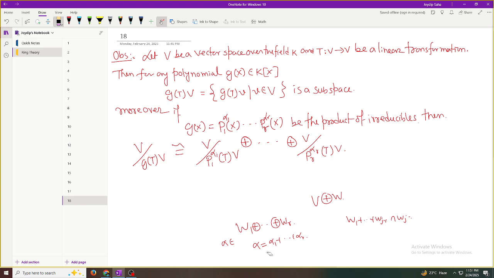In a normal sum we can write alpha as alpha 1 plus up to alpha r such that alpha i belongs to Wi, and in direct sum this can be written in a unique way. That is, if you have two representations alpha equals alpha 1 plus up to alpha r equals beta 1 plus beta 2 plus up to beta r, then alpha i equals beta i. In direct sum this is a unique expression.